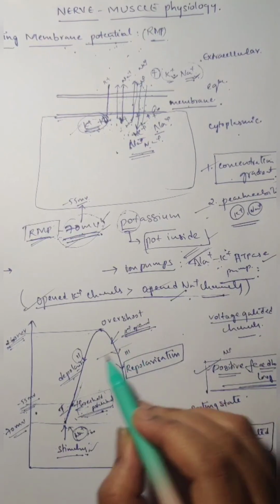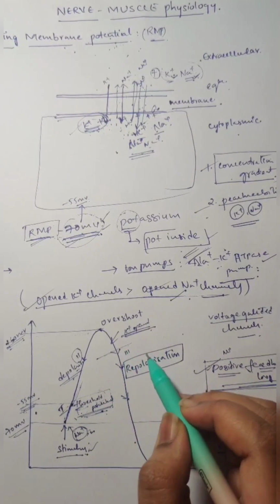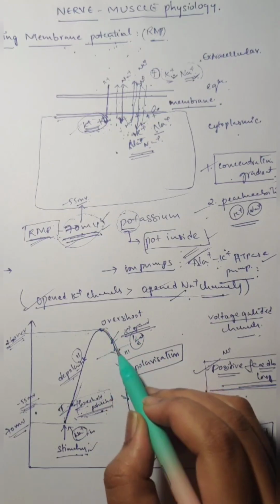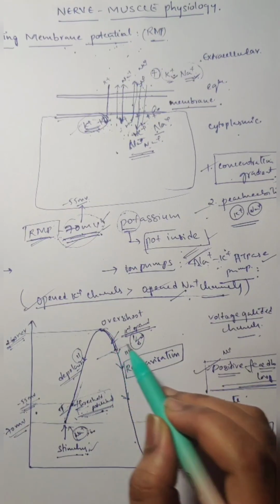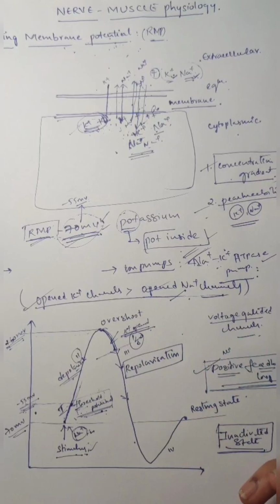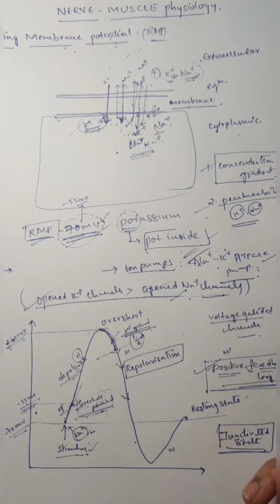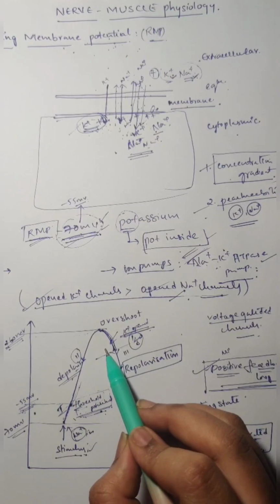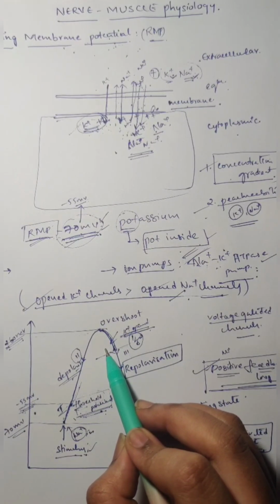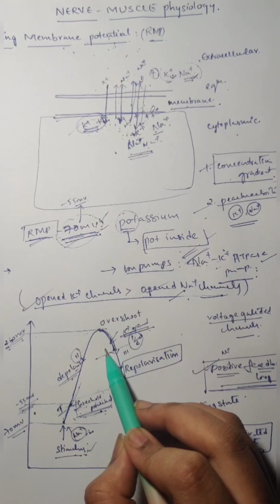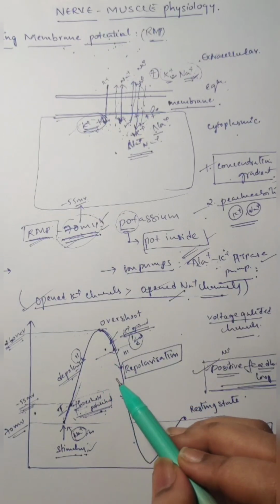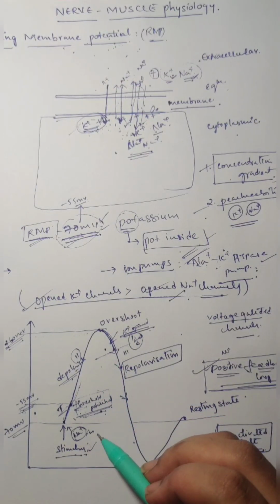In the first one-third of the repolarization phase, the sodium channels will be in the inactivated state. In that phase, the channels cannot respond even though you give a stimulus. Usually, whenever you give a stimulus, the sodium channels should open up.